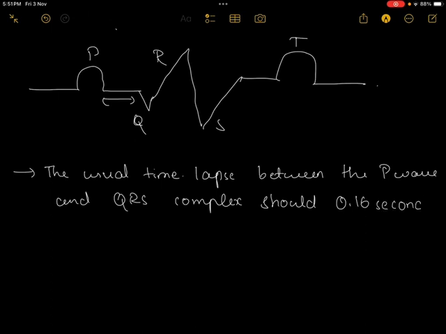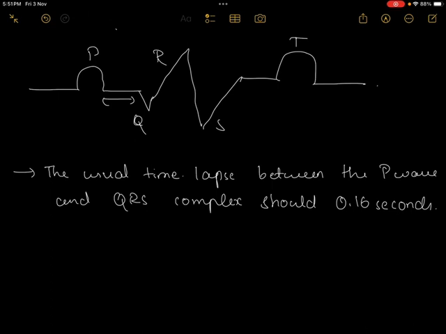Suppose there is a formation of P wave in the ECG, then there should be around 0.16 seconds of gap after the formation of the P wave in order to form the QRS complex.